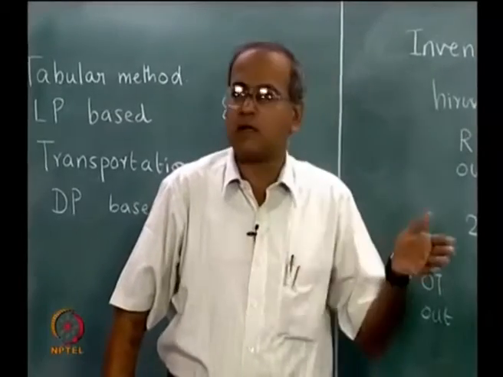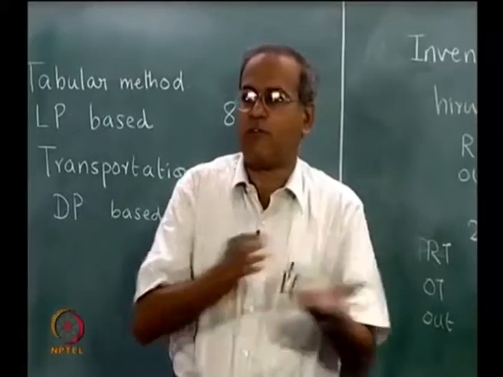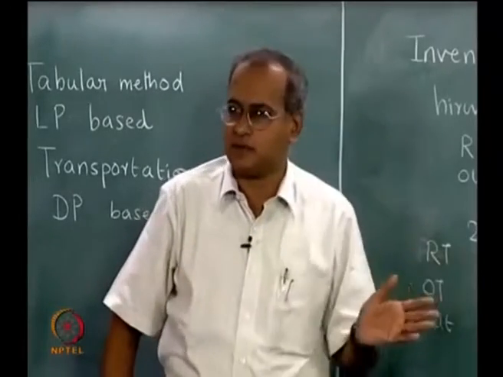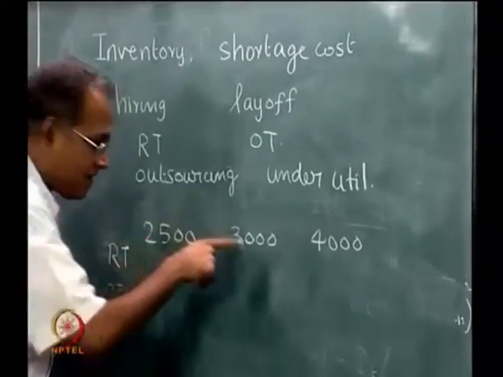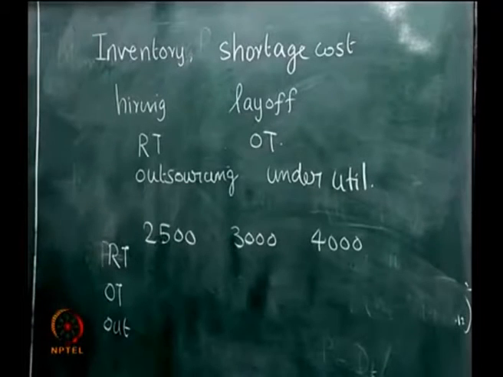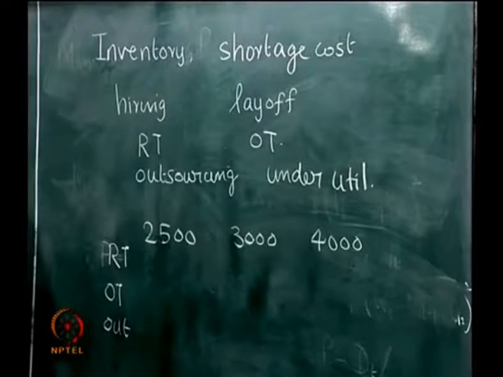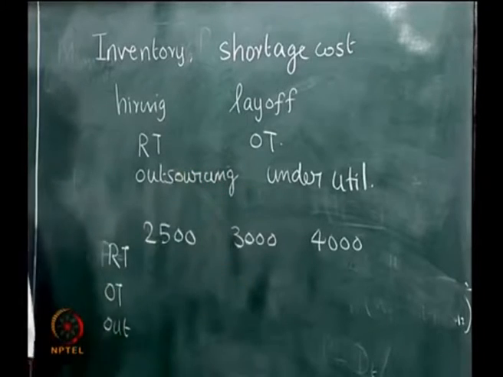Now, to keep the production constant implies that the number of people who are employed, the workforce, is also kept constant. But on the other hand, if we produce 2500, 3000 and 4000 every month, which means we are varying the production quantity, which means we are varying the workforce, which means we will incur hiring and laying off costs, but we will not incur inventory and shortage costs.